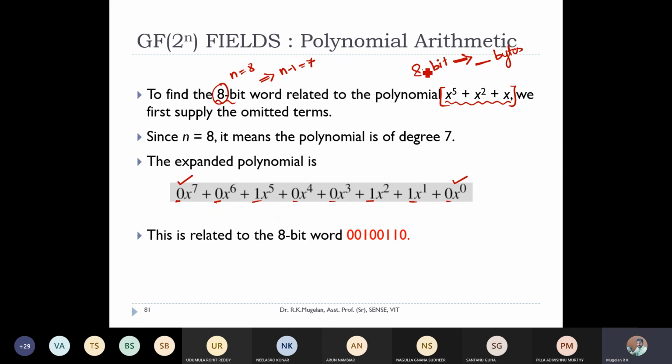Why can't we go for 7 bits or 9 bits? 8-bit makes how many bytes? 1 byte, sir. Yeah. Since everything is going to be in terms of bytes, right? And we are going to discuss each and every frame with 8 bits. That's why we are taking the examples in terms of 8 bits.